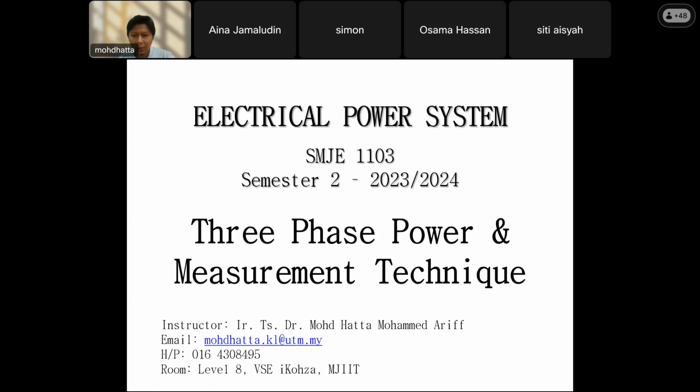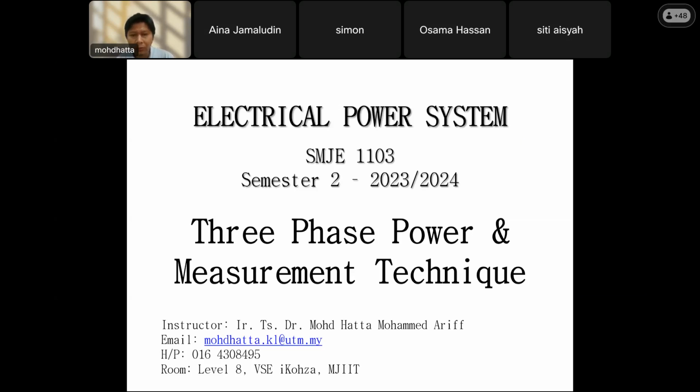Now, shall we begin? Right. The target for today is the topic of three-phase power and also measurement technique. As you can see from the e-learning portal, maybe we will discuss 1 watt meter and also 2 watt meter measurement of three-phase power.